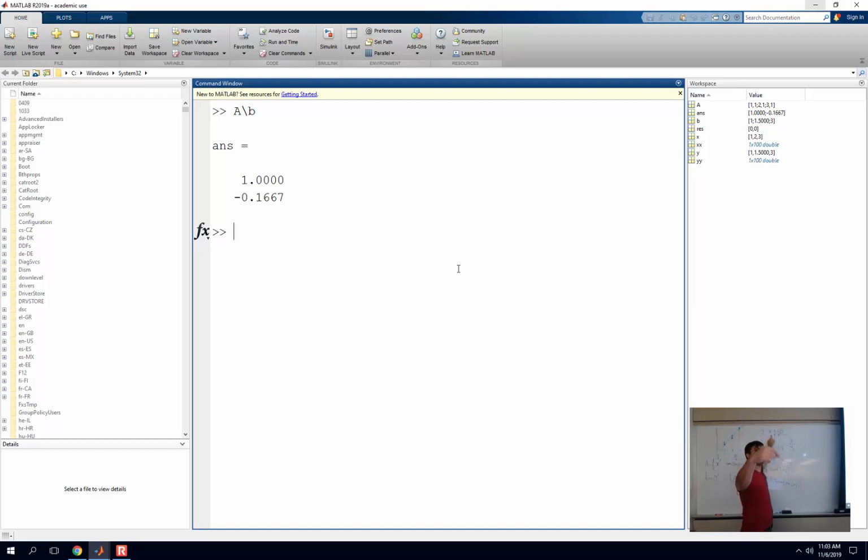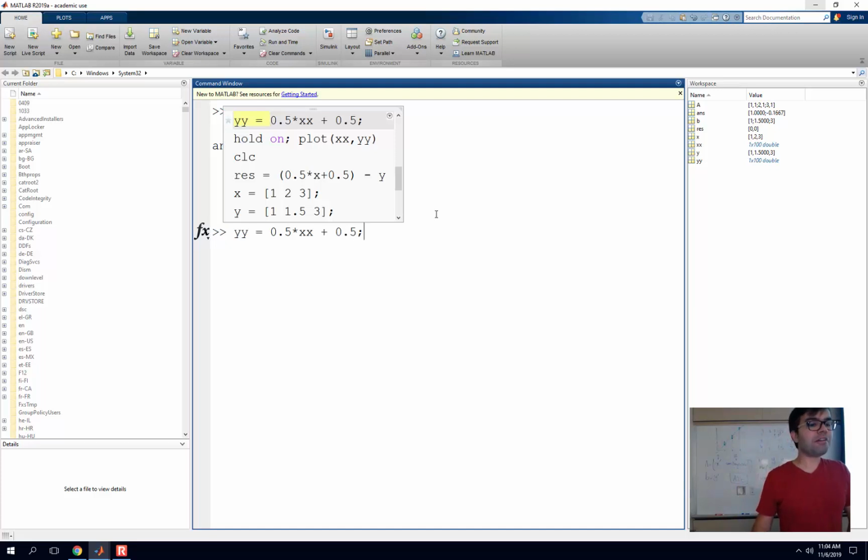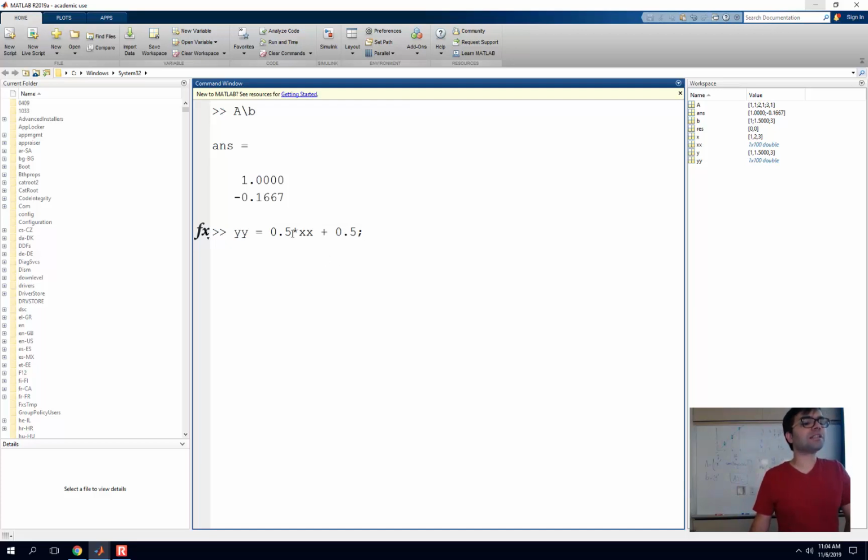Do I need to change y values? Absolutely, because now I have a new line. Those y values are coming from the new line. So x from before, y is equal to, remember we had 0.5 times x plus 0.5.